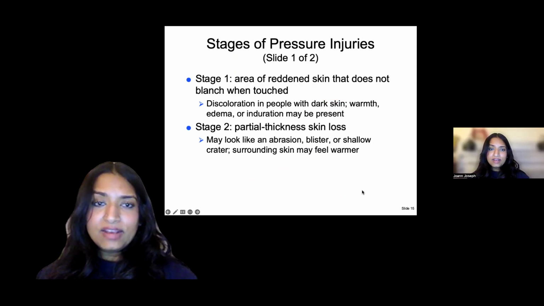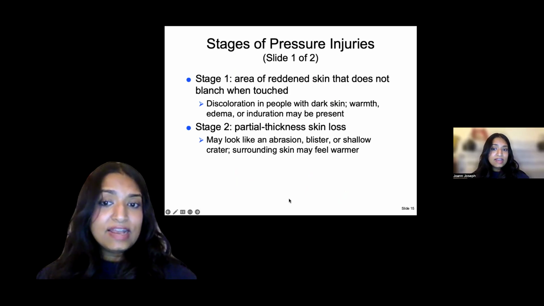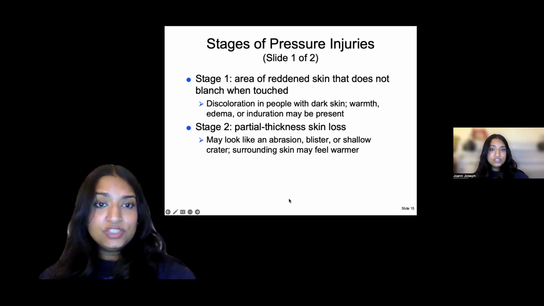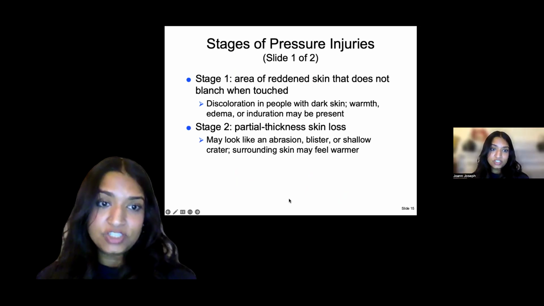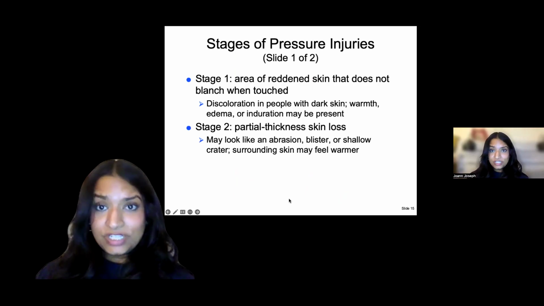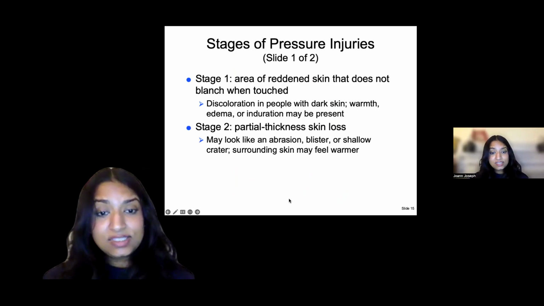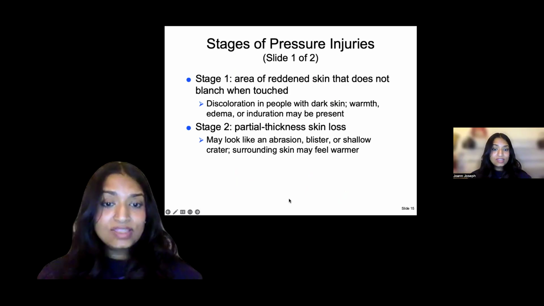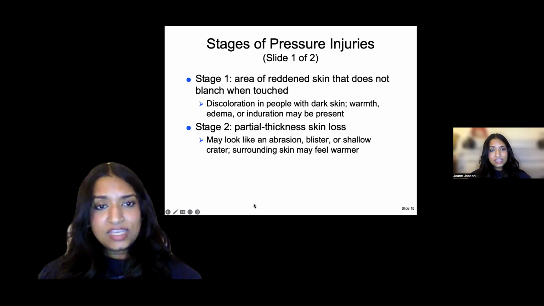So I'm going to go back to stage one again. You want to take note of what friction means, what it would look like, and how it would affect skin. And then you also want to think about different interventions to prevent friction. Your patient's going to be around a lot of sheets and different devices that you will be moving them with, so take note of that.